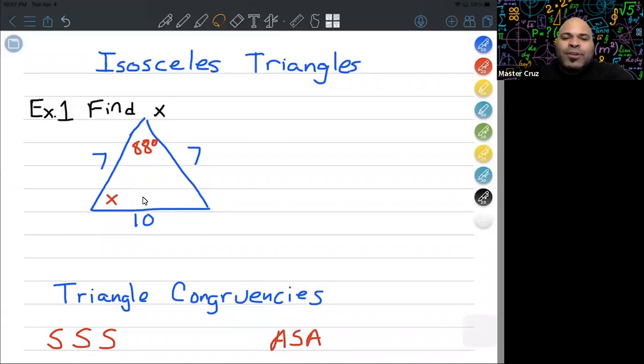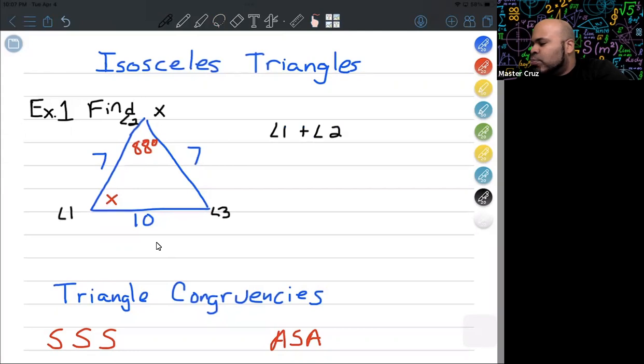Well, I know that the sum of all angles inside of the triangle equals 180 by the angle sum theorem, right? So basically what that means is if I were to label this angle 1, angle 2, and angle 3, then angle 1 plus angle 2 plus angle 3 will equal 180 degrees.